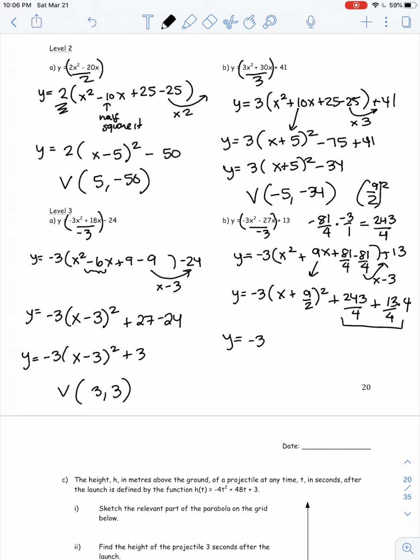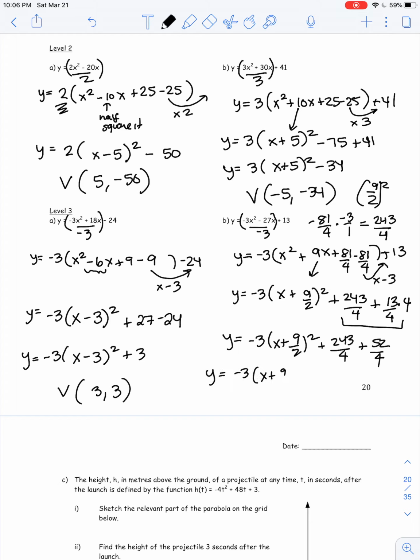So we have y equals -3, x plus 9 over 2 squared, and then 13 times 4 is 52 over 4. So we're going to have to write 243 over 4 plus 52 over 4.